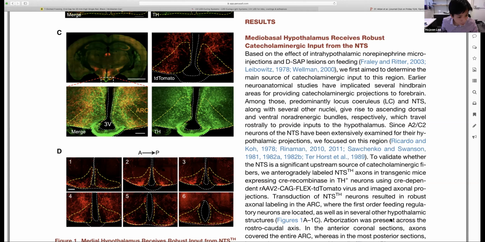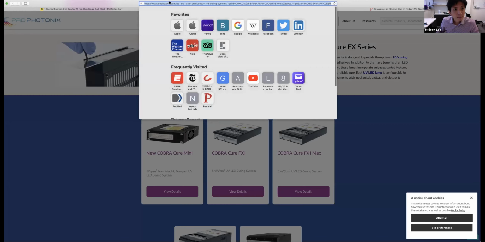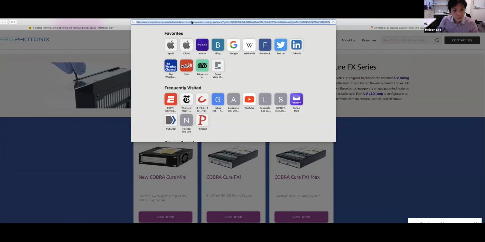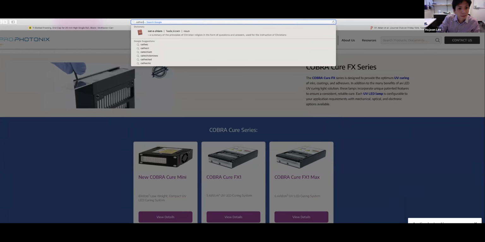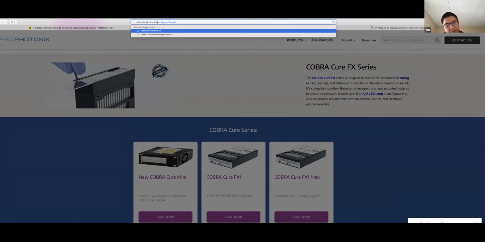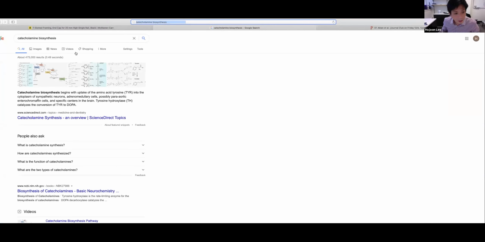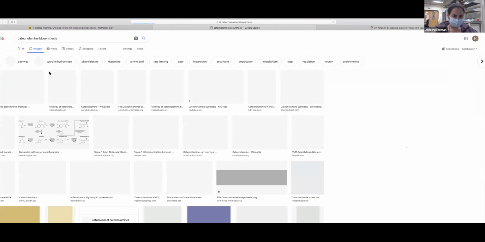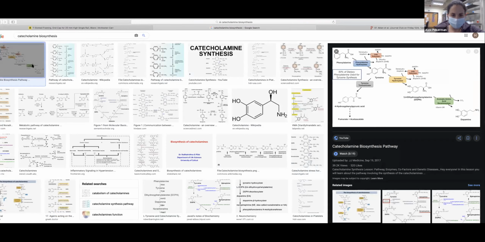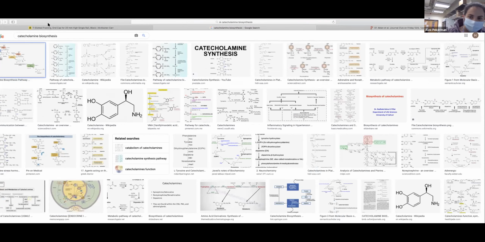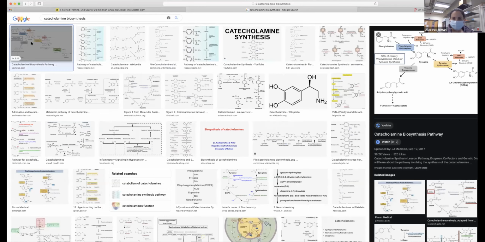I'm trying to pull up. Are you guys seeing the Google page? Yes. Okay, but it's small. Yeah, it's still small.